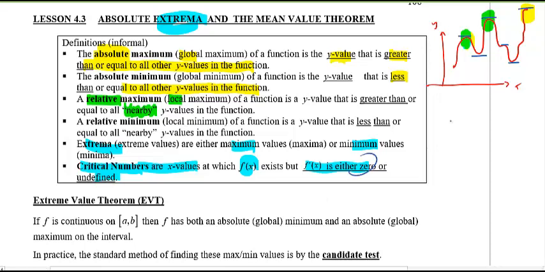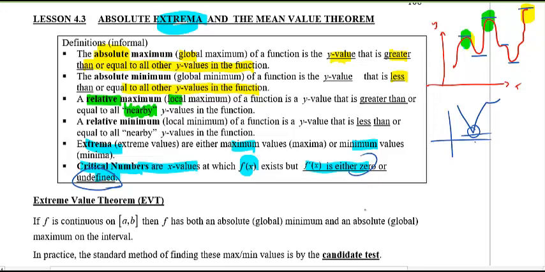Or in other cases, if I even drew something like this, see this? Ooh, this is a minimum, but the slope's not 0 here. No, the slope is, that's right, undefined. Okay? So keep that term in play, critical numbers. The x values where the function exists, but its derivative is either 0 or undefined.